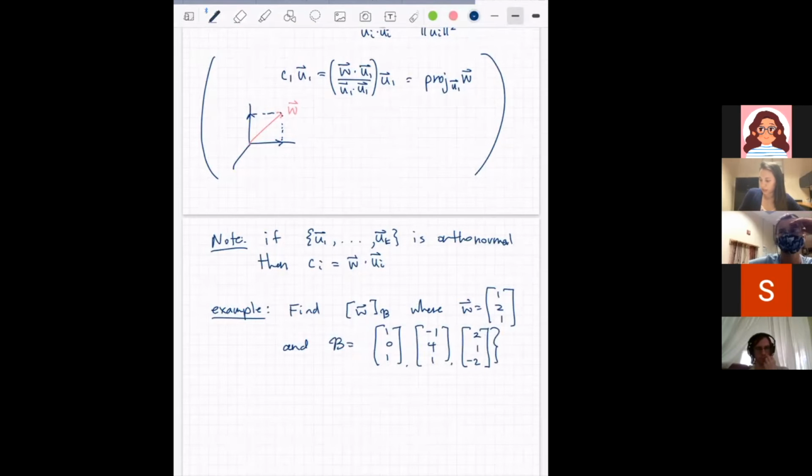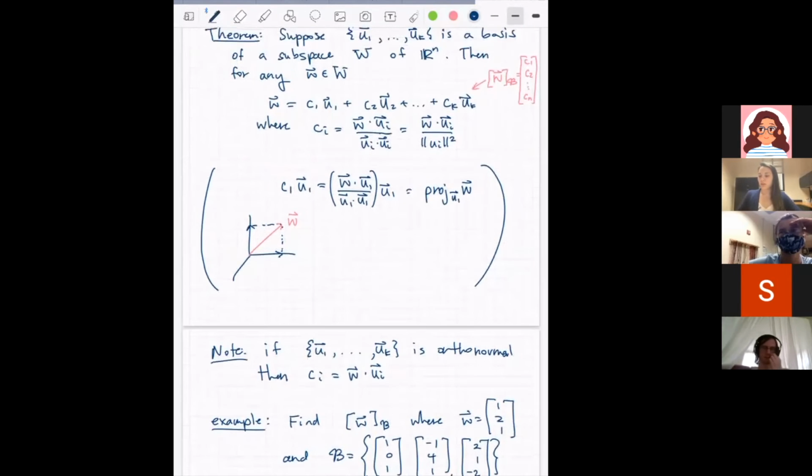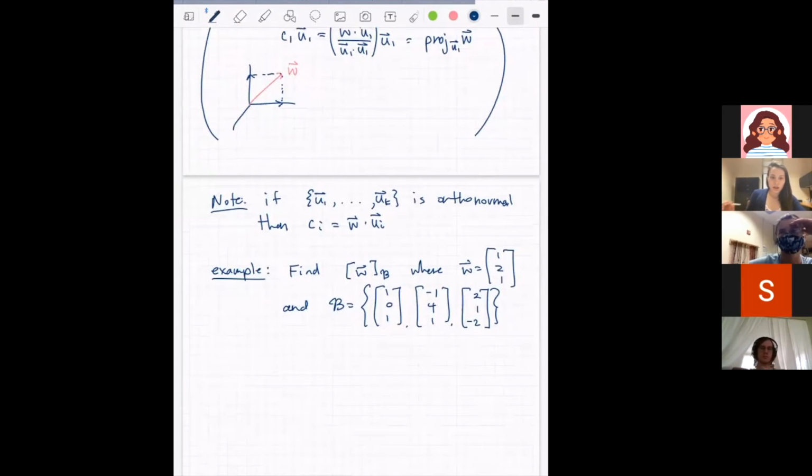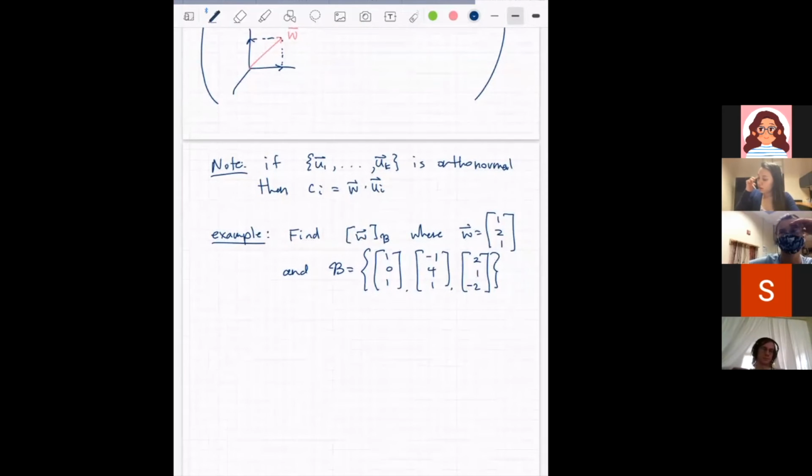We can use the previous theorem, because it tells us how to find those coordinates, and then we just stick them into a vector and we get the coordinate vector. First of all, we would need to check that this basis is orthogonal. We did this last time. You can double check again: you just need to take the dot product of each pair of vectors and see that those are all 0. This basis is orthogonal.